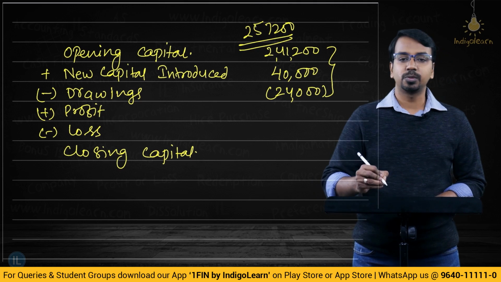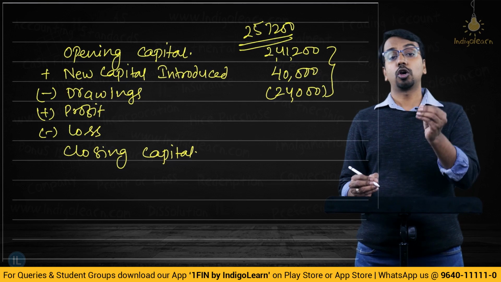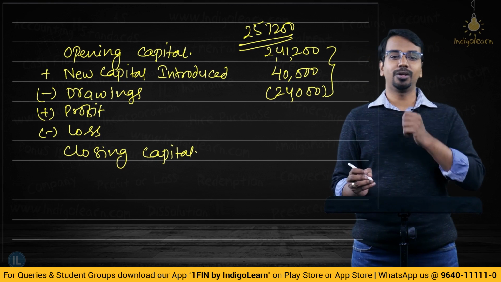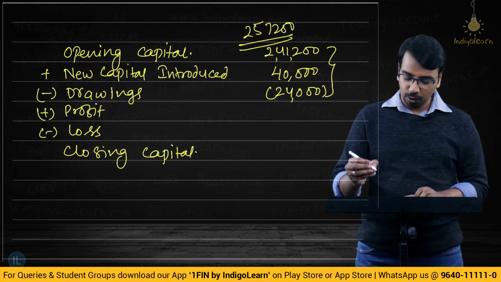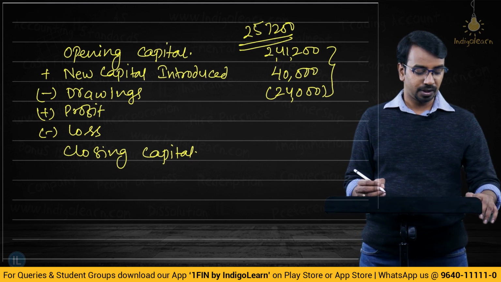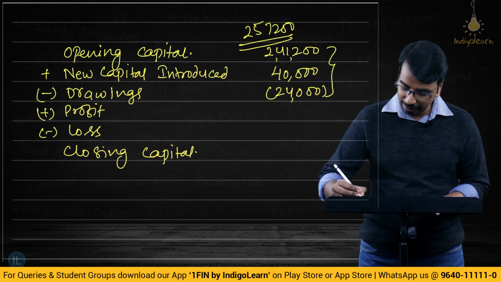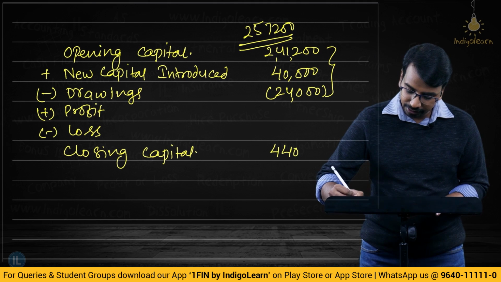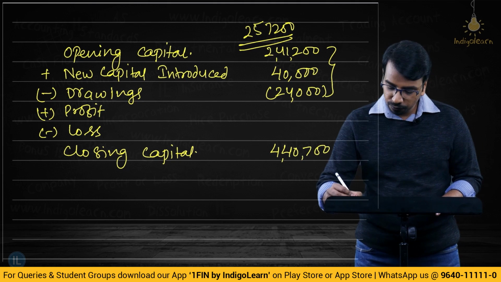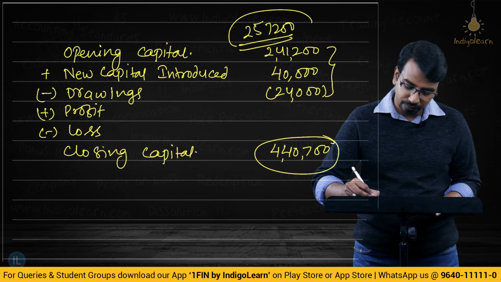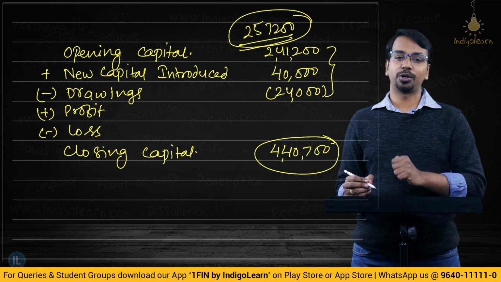If there were no profits or no loss, the closing capital would have been 257,200. Now, what is the closing capital actually given? As we had computed, the closing capital was 4,40,700. Now, this 440,700, if you compare with this, the difference is nothing but your profit.